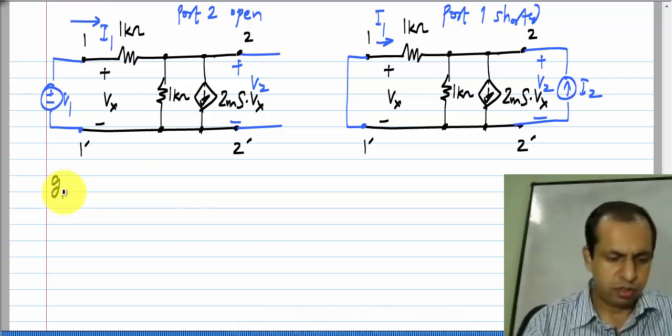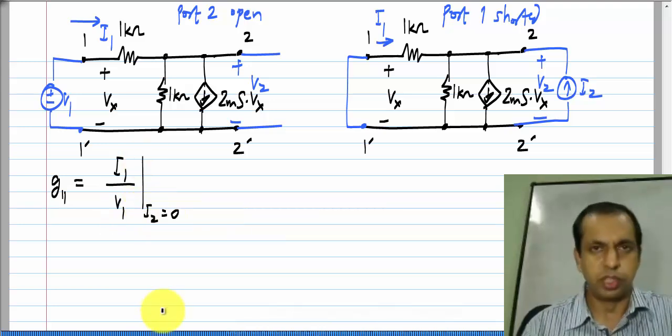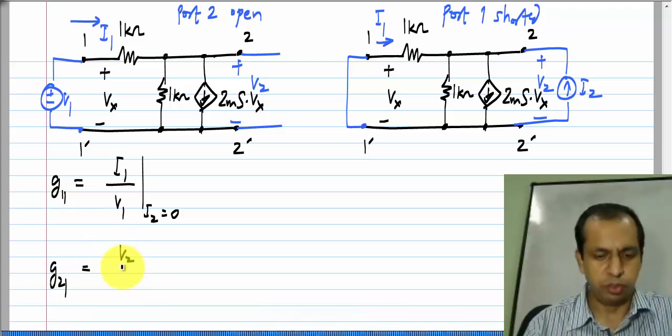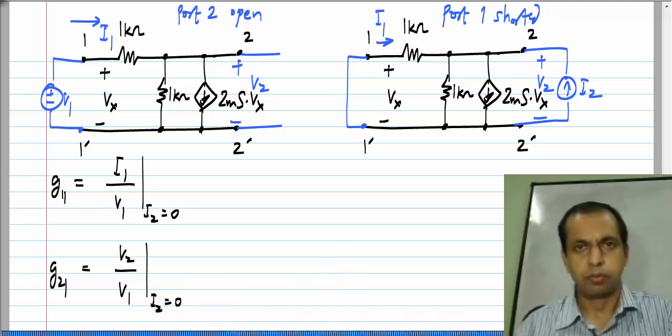So G11 I get from this, it is I1 by V1 with I2 equal to 0. G21 also I get from this, which is V2 by V1 with I2 equal to 0.